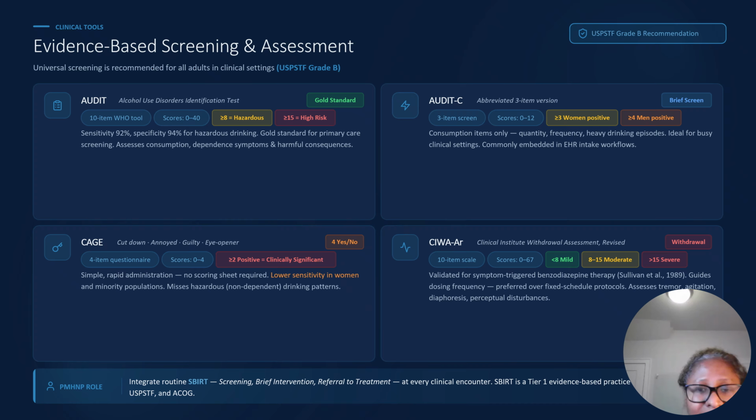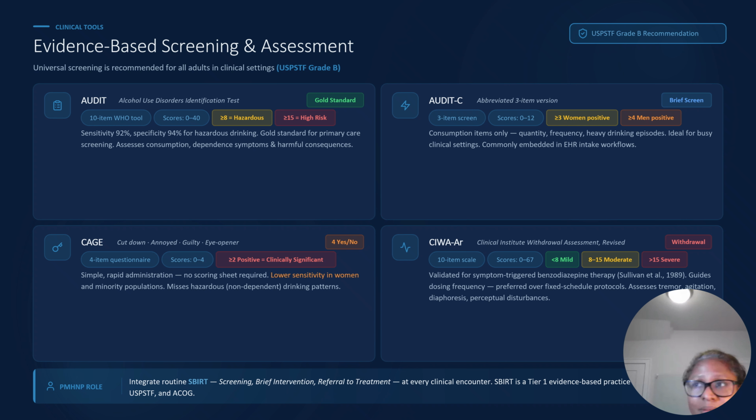The AUDIT is the gold standard, so that is the large list of questions. The AUDIT-C is the abbreviated form that you'll find, a brief questionnaire that goes through the questions for someone that might be in a hospital setting where they need to get an intake.